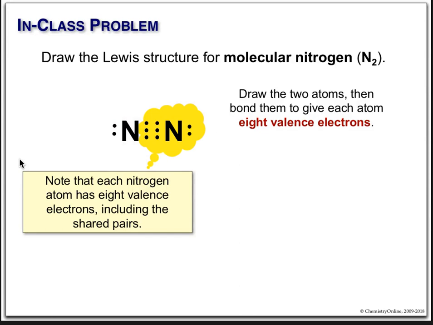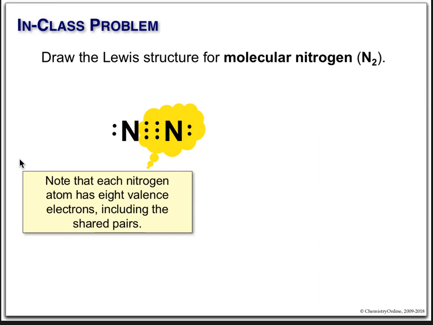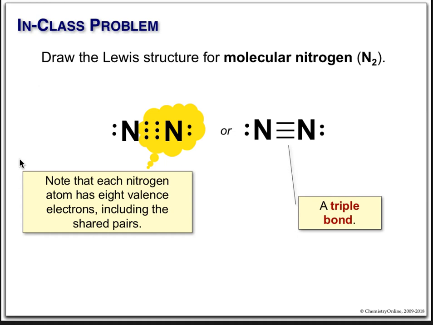Now, first thing you could say to yourself is, what gives you the right to do that? Remember, I said Lewis structures are just bookkeeping, right? For bookkeeping, we can put them anywhere we want. This is what we call a triple bond. 3 bonds between these 2 nitrogens.